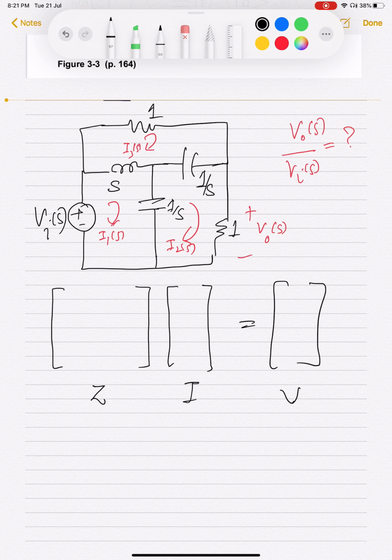So the mesh currents we write here. So this is I1S, I2S. It's a column vector, I3S, right?